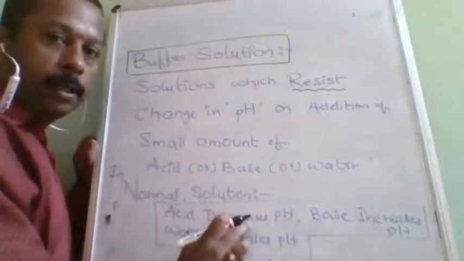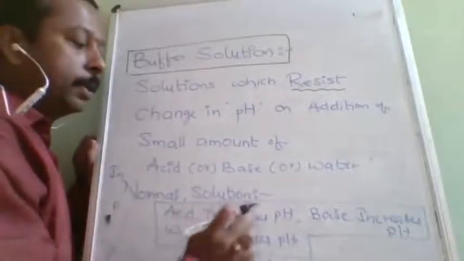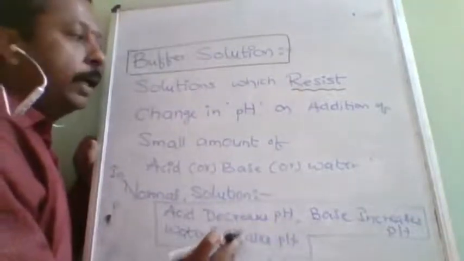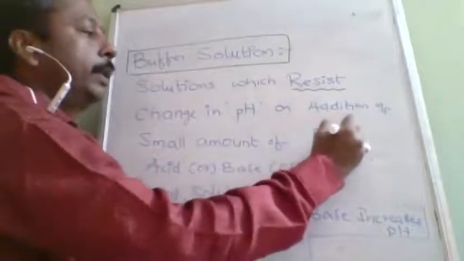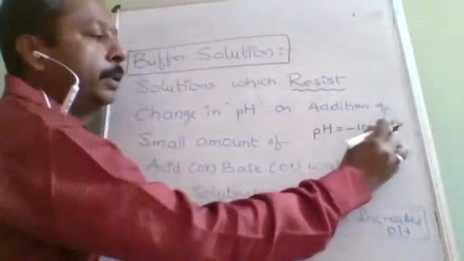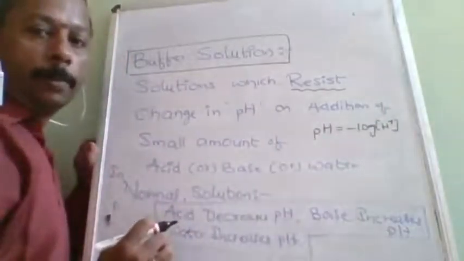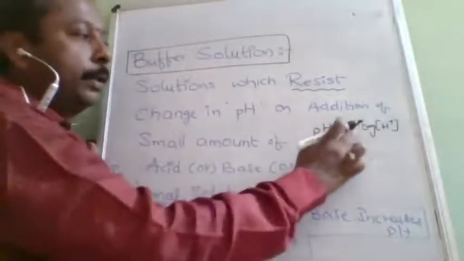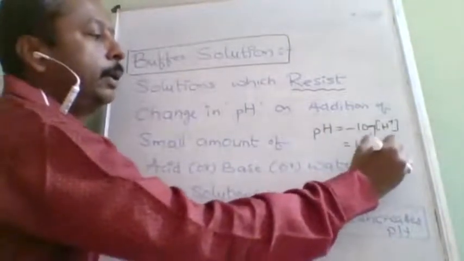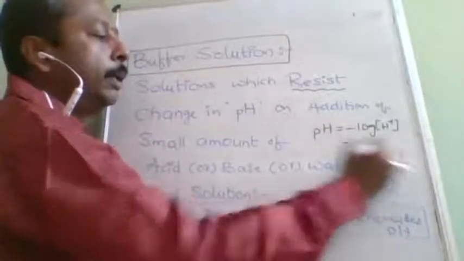pH will decrease, because the concentration of H positive will increase. People think, and this is one misconception, that pH is negative log of H plus, so the two are directly proportional. But don't forget the negative sign. Because of this negative sign, it becomes inversely proportional.